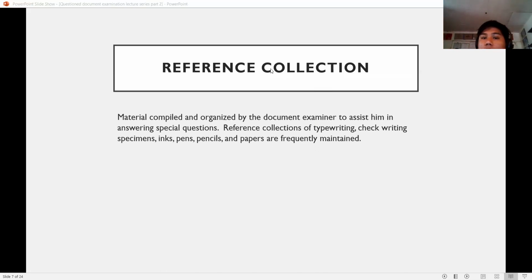From the term collection, it's a collection of materials compiled and organized by the document examiner to assist him in answering special questions. That's why it's a reference and a collection.